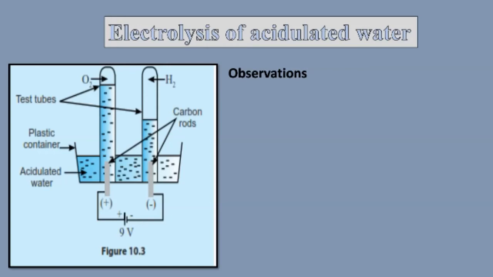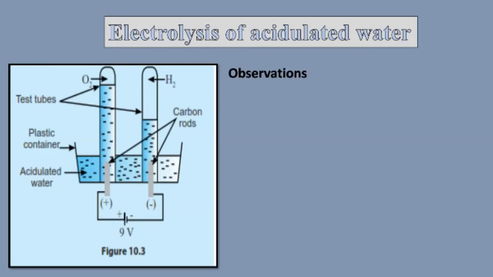Initially, the ignition tubes will be filled with acidulated water. After some time, you will observe bubbles forming at each electrode, and these bubbles will move all the way up and get collected at the top of the ignition tube.